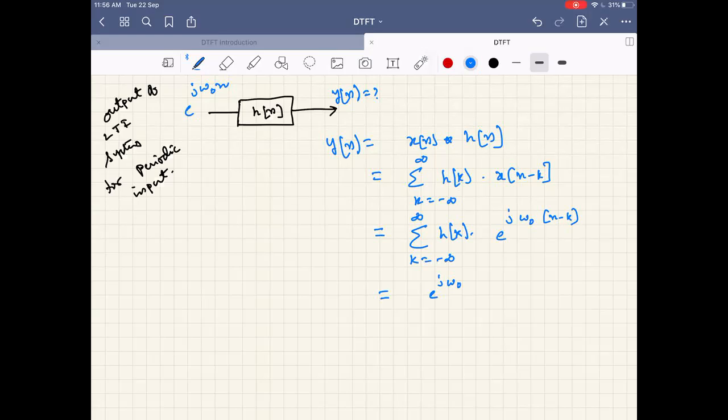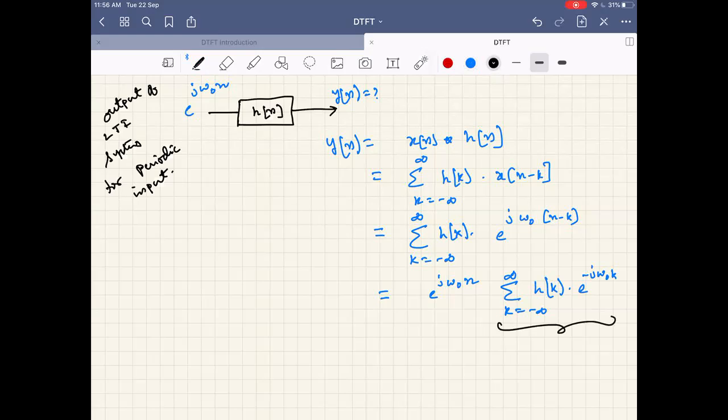When I expand it, I get two exponential terms, e power j omega naught n and e power minus j omega naught k. So e power j omega naught n can be taken out, and the remaining sum is from minus infinity to infinity of h of k into e power minus j omega naught k. Fine. Now, have you seen this anytime?